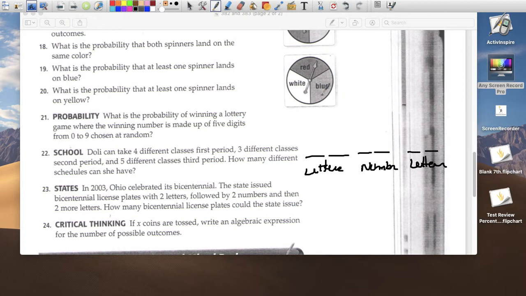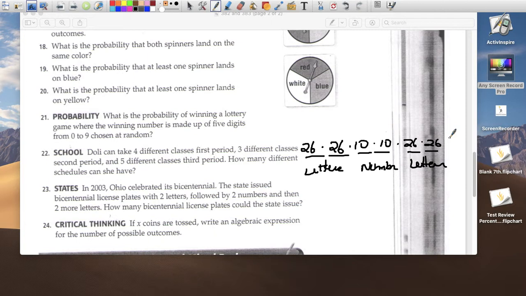So assuming that's true, the first spot here, you can pick from 26 different letters. The second spot, we can pick from 26 different letters. Numbers from 0 to 9, so we have 10 choices over here and 10 choices over here. And in the last 2 spots, 26 different choices again and 26 different choices. So this is going to be quite a big number.